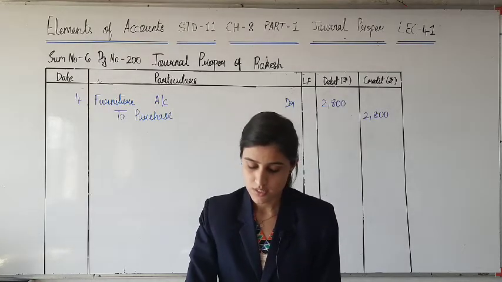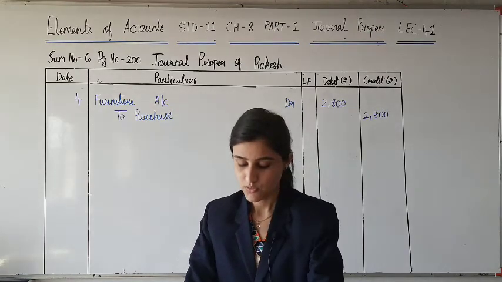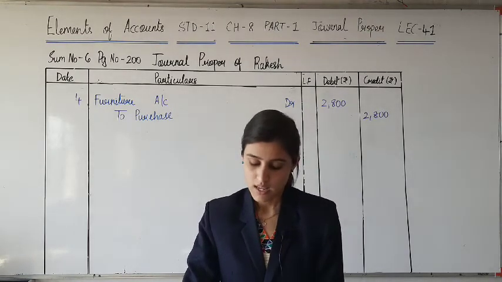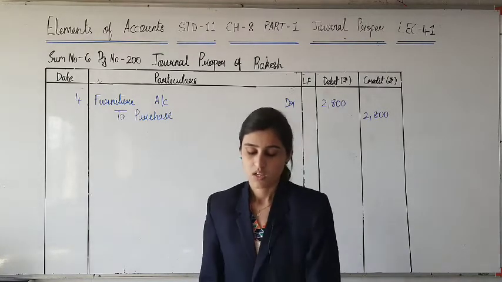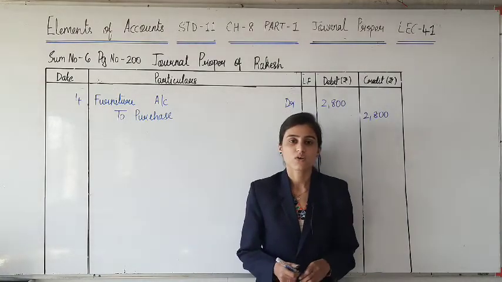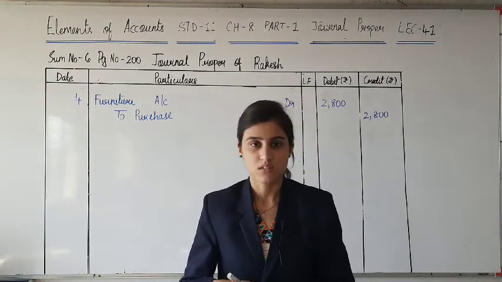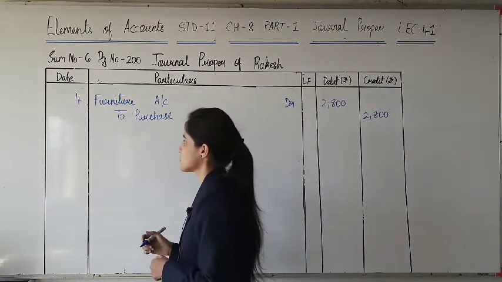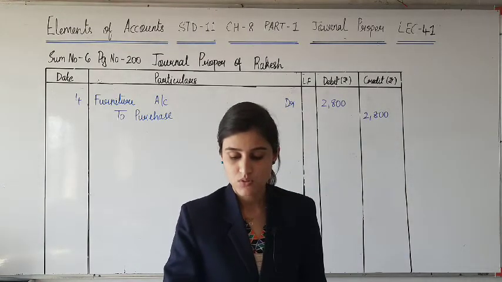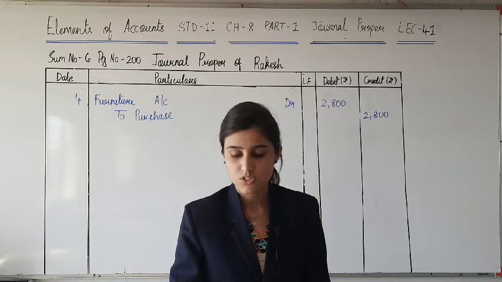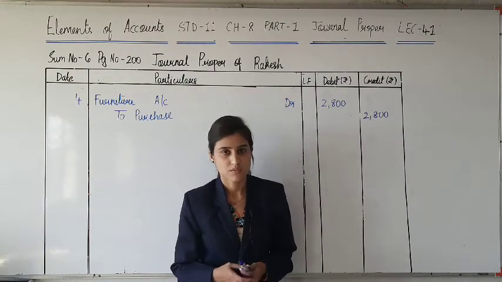Fifth transaction. Goods of rupees 7,000 were destroyed by fire, for which the insurance company accepted a claim of rupees 5,500. Total goods destroyed by fire are of rupees 7,000. So one thing is clear, that purchase account will be credited. Insurance company has accepted a claim of rupees 5,500, so out of 7,000, 5,500 insurance company will pay. So what is my loss? 1,500.